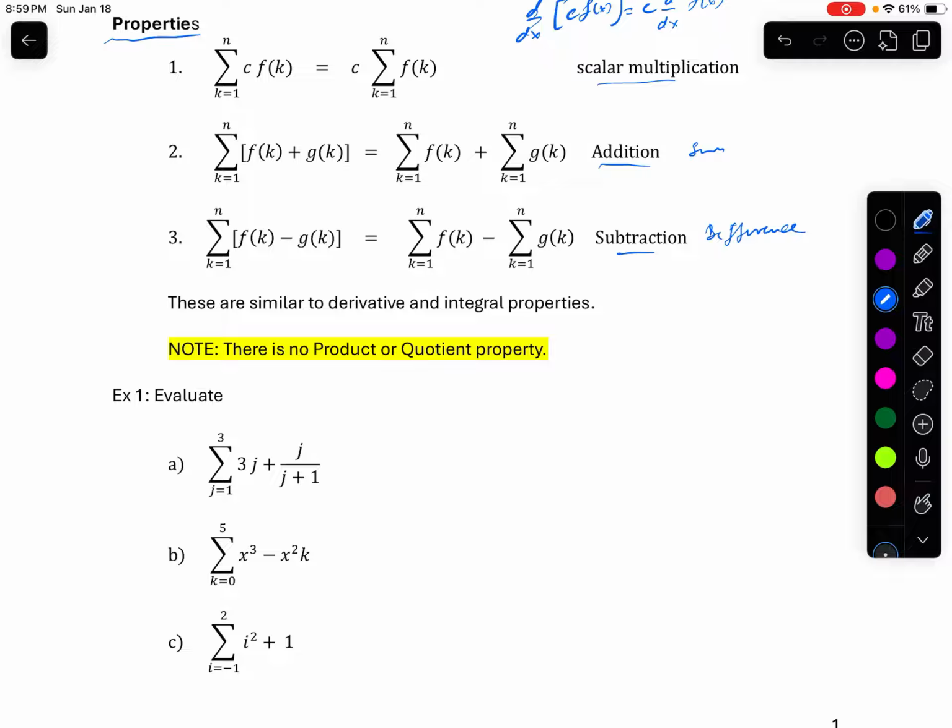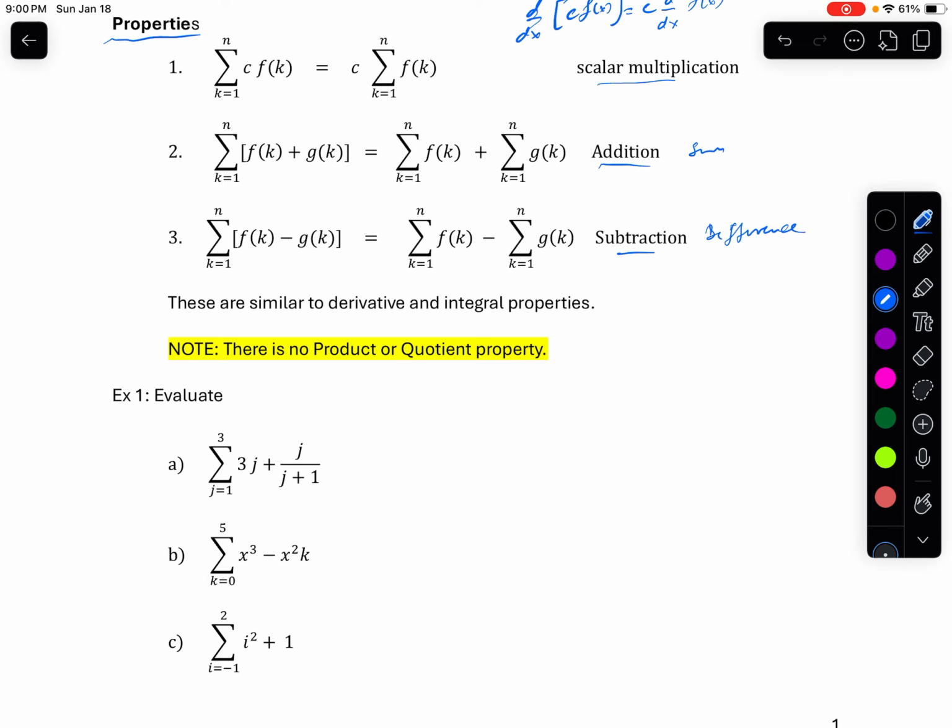The other thing you can do is integration by parts. So no specific rule for multiplication, and division is completely a new thing. So similarly we don't have a summation rule for the product of functions, and similarly we don't have a summation rule for quotients.